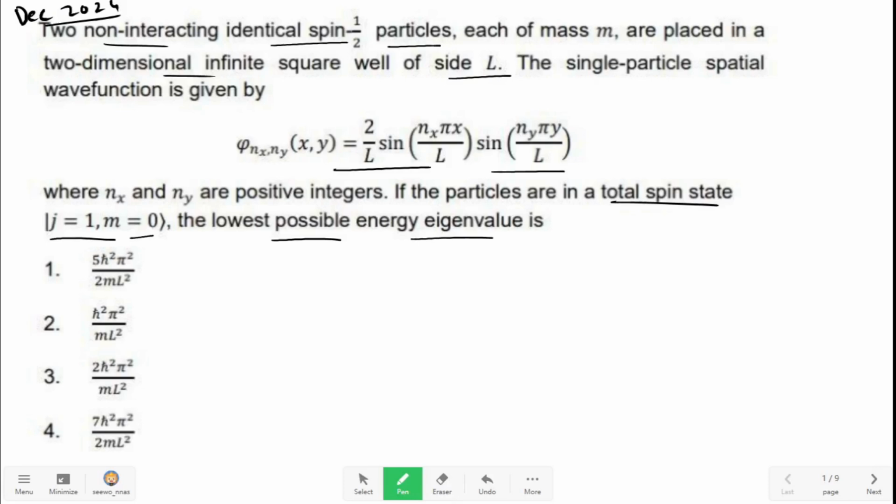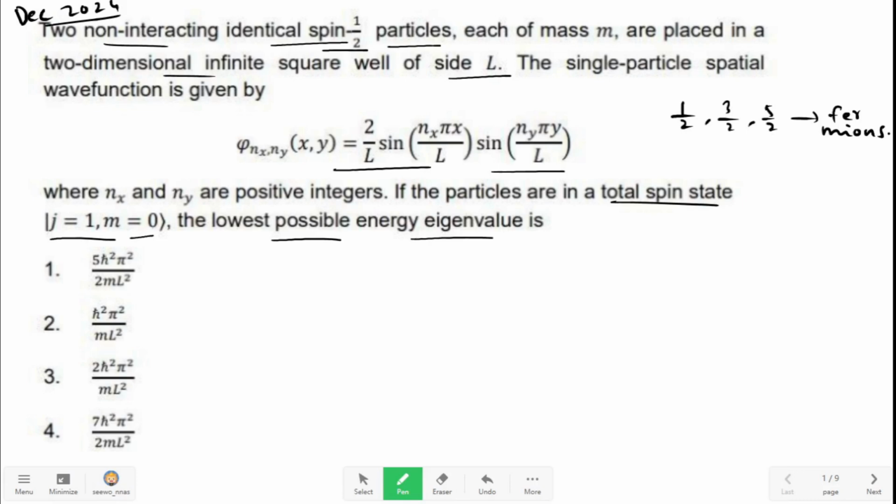Now the particles that we are given here are identical spin-half particles, and we know that spin half, spin 3 by 2, spin 5 by 2, all of these particles are fermions. Fermions are particles with half odd integer spin.